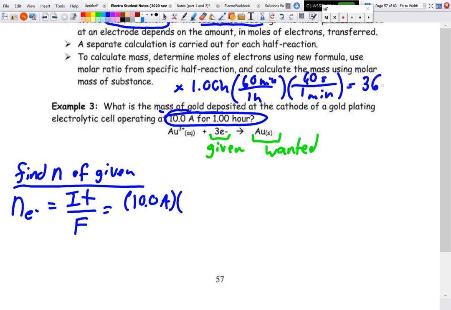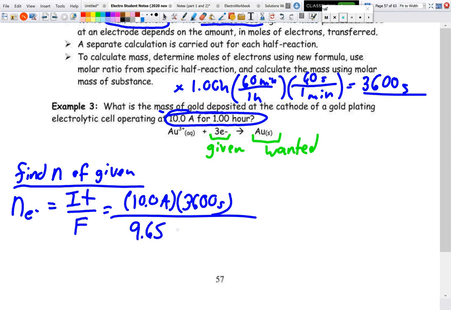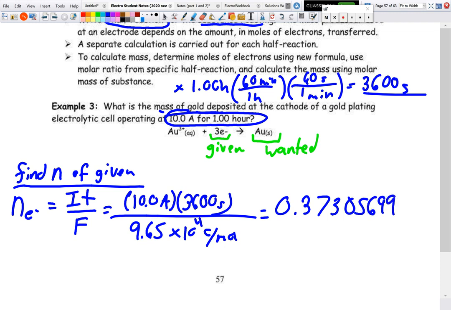That gives us 36,000 seconds, all over Faraday's constant, 9.65 times 10 to the 4 coulombs per mole. In this case, we'll get the number of moles of electrons to be 0.373 moles. Now that is of electrons.